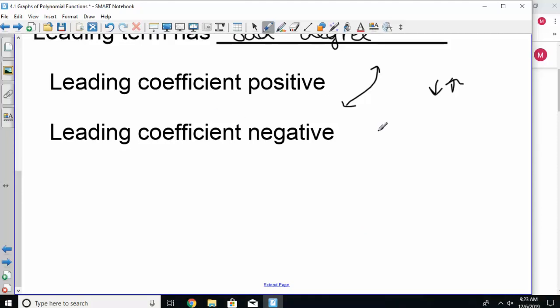Okay, so then if I flipped it, we know a negative just flips the graph, so what would this end behavior be? Up, down. All right. So we're just going to practice finding end behavior now.